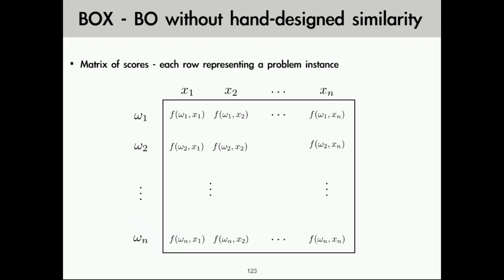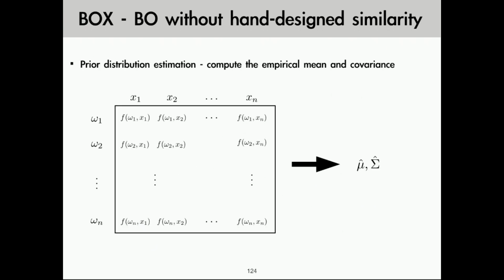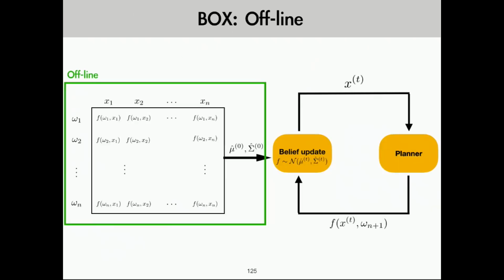And what we can do with this matrix of scores is estimate the prior distribution over the belief of the target function. So from this, we can compute this mu hat and sigma hat by summing up the values and dividing them by n, and so on. So offline, we do all this work by solving n problem instances, getting this score matrix, and then evaluating these parameters for the prior distribution.